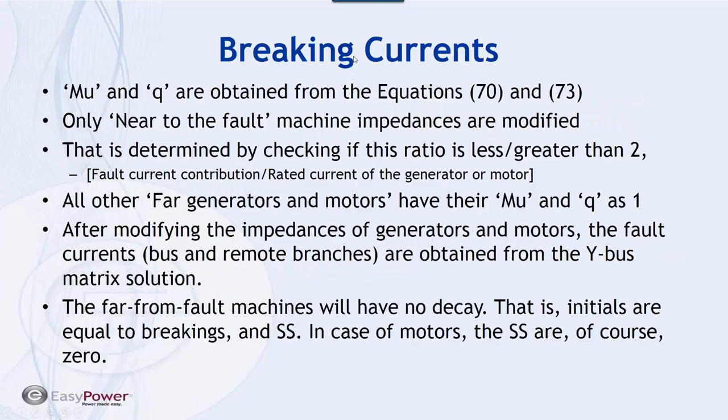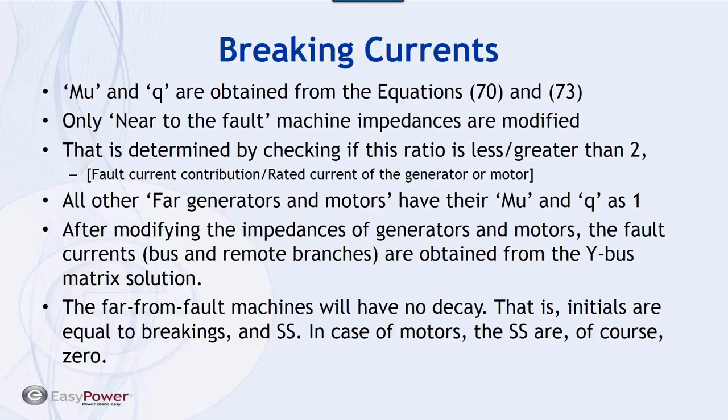Let me move on to the second slide. Mu and Q, as I mentioned, are obtained from equations 70 and 73. Only near to the fault machine impedances are modified, as I talked about. That is determined by checking if the ratio is greater than 2. And that's a trigger that IEC recommends. That would be a good logical point. If you have a machine whose fault current does not go up twice as much as the rated value if there is a fault, that would be a machine which technically doesn't see much decay.